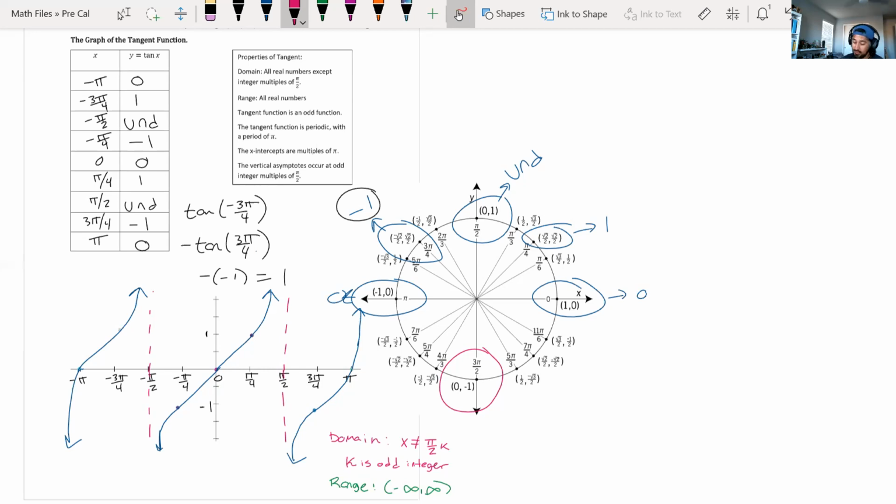Because 3 pi over 2 could be written as pi over 2 times 3, where 3 is k, which is an odd integer. Good? And then if you did another revolution, that would be considered 5 pi over 2, which is also odd.